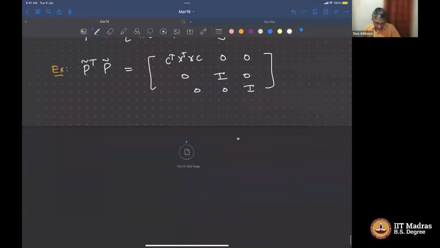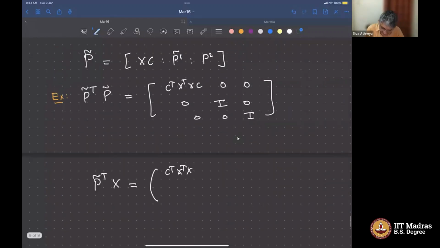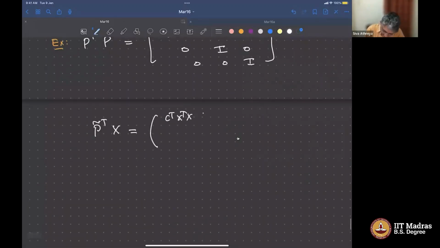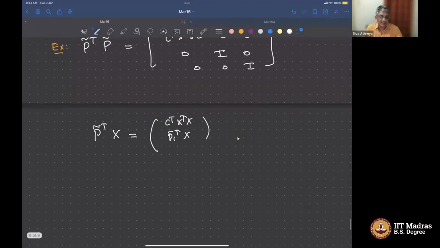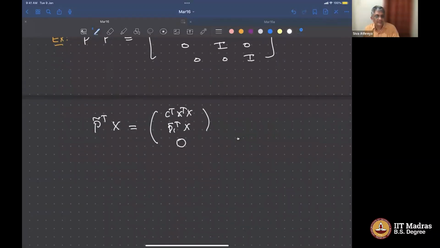And moreover, P tilde transpose X will be C transpose X, that's the first element. Next will be P1 tilde transpose X. And the last element will be 0 because P2 is off. Very cool. That's what you'll get.